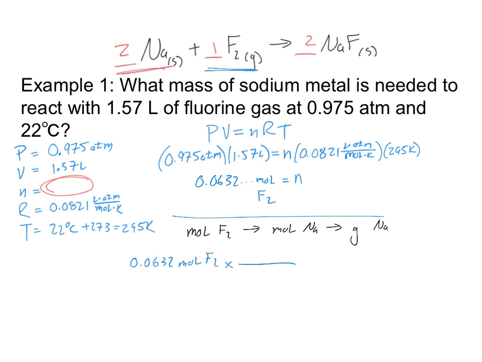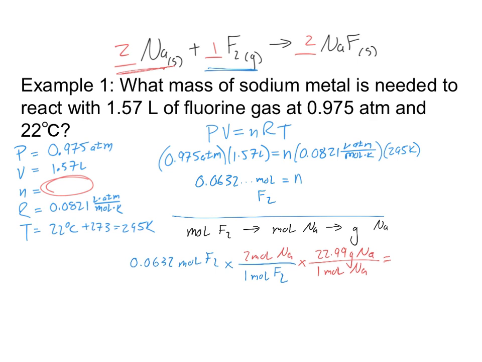So I'm going to set it up where I put 1 mole of F2 on the bottom, 2 moles of sodium on the top, and then I'm going to convert to mass of sodium, so I need to consult the periodic table to get the molar mass. So in 1 mole of sodium, I know that the molar mass is 22.99 grams of sodium.